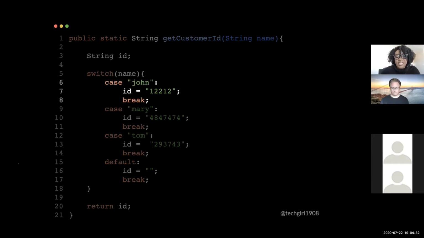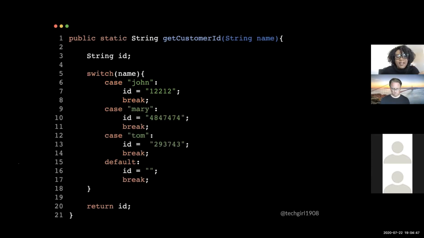And inside of the case, we assign the value to that ID variable. And then we must follow the assignment with a break statement to prevent fall through into the next case, which would override the variable. Now, not only is this a lot of boilerplate code, but it's also risky. If you forget one of the break statements, then this will return the wrong ID.